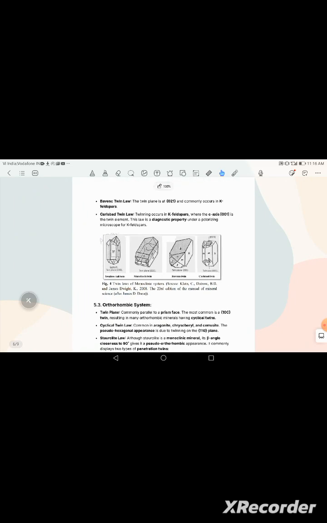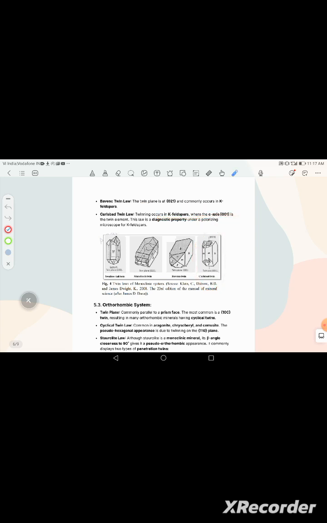So this is Manebach law. This is swallowtail law. This is Baveno law. And this is Carlsbad law. Carlsbad occurs in K feldspar, Baveno is 021.